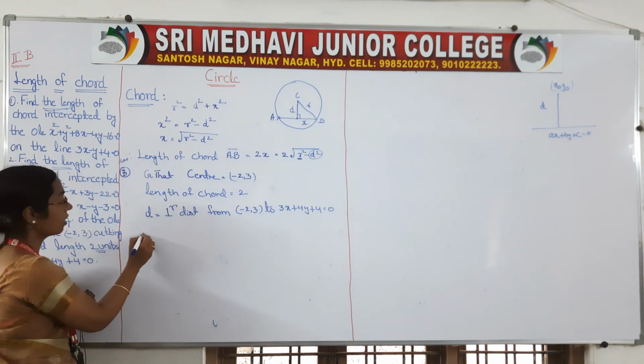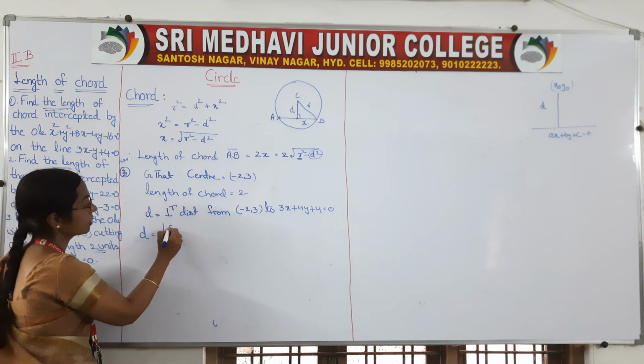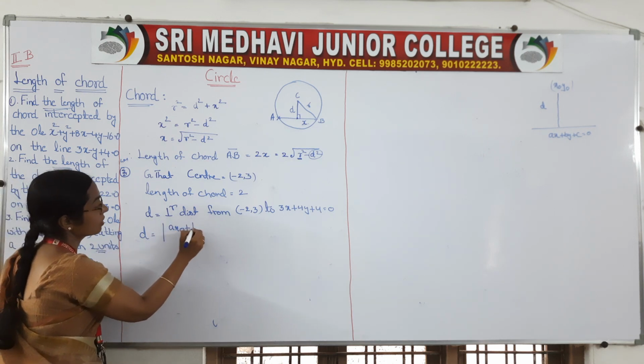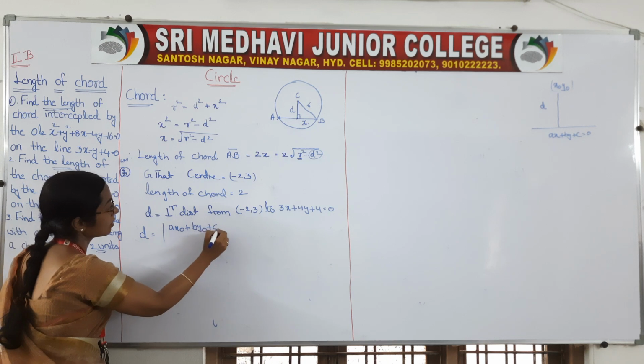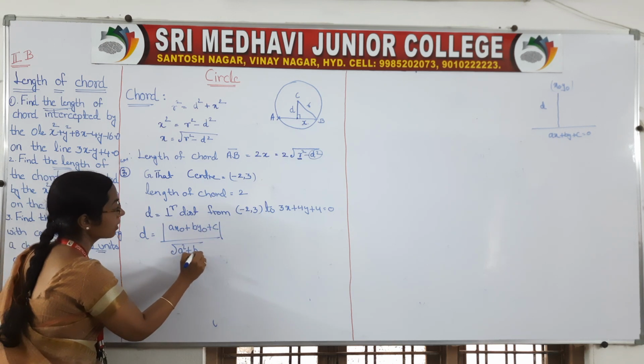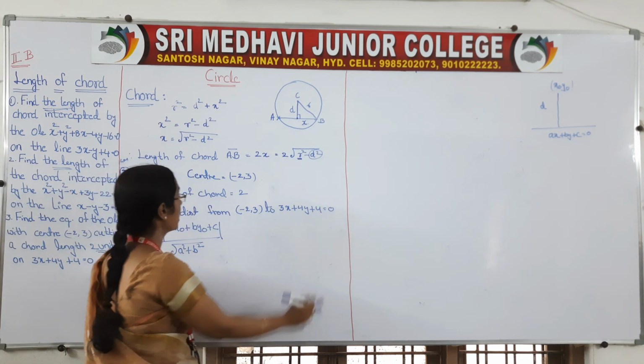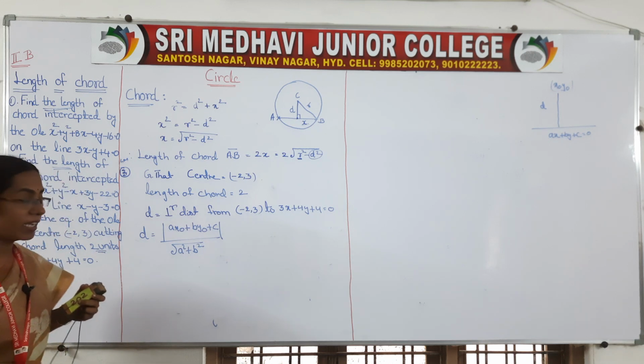You know it very well. The formula is d is equal to the absolute value of a x naught plus b y naught plus c, by root of a square plus b square. This is your ax plus by plus c, and this is your x naught, y naught.